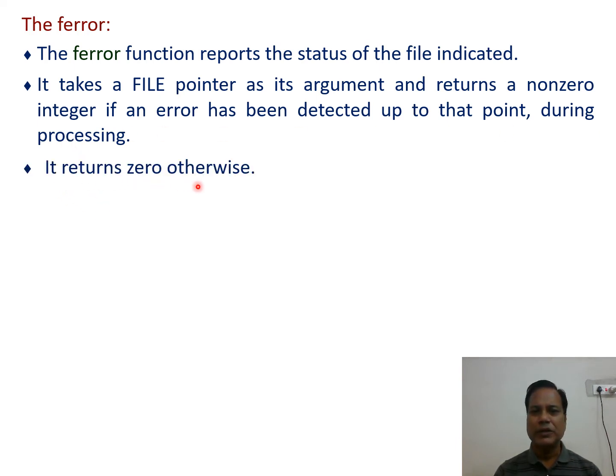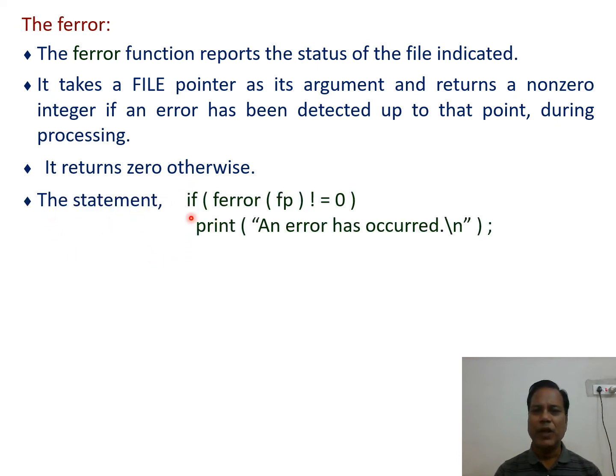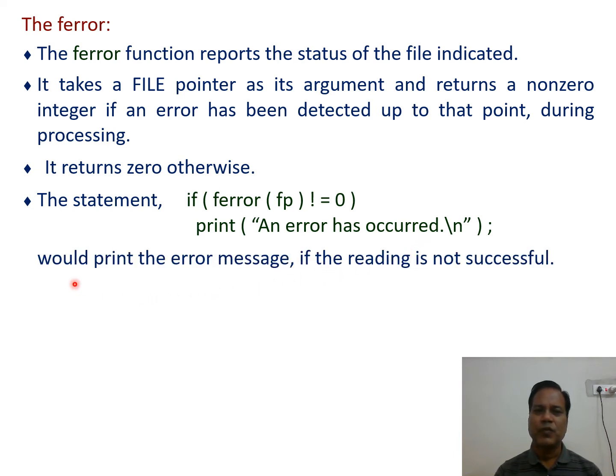It returns 0 otherwise. The statement if (ferror(fp) != 0) means an error has occurred, and accordingly the message "error has occurred" is printed on the output screen. It would print the error message if the reading is not successful.